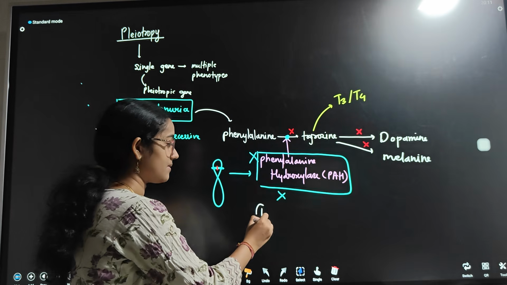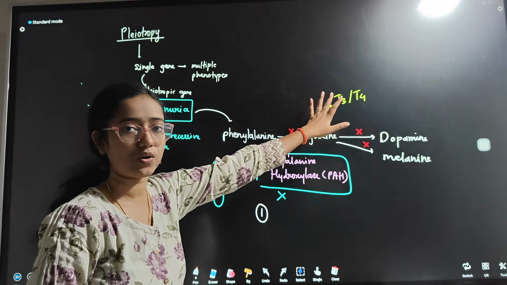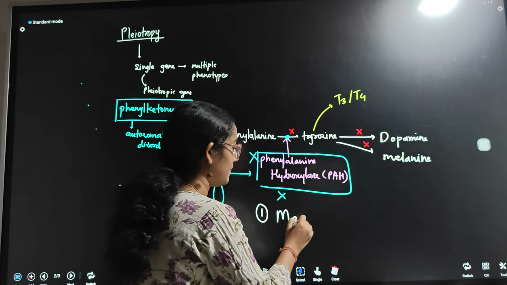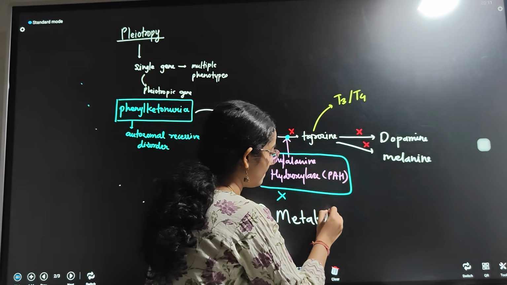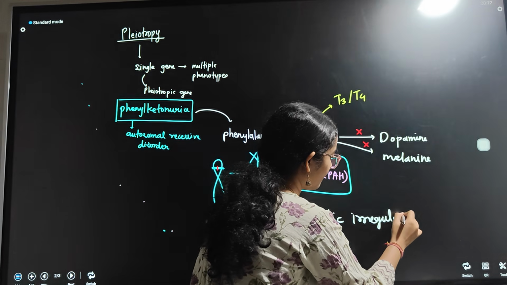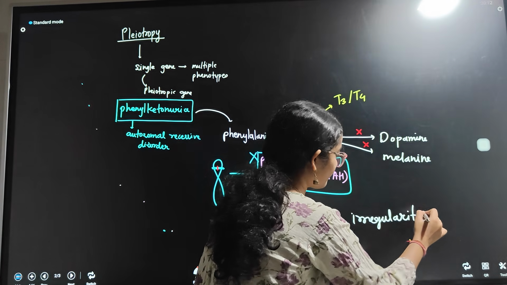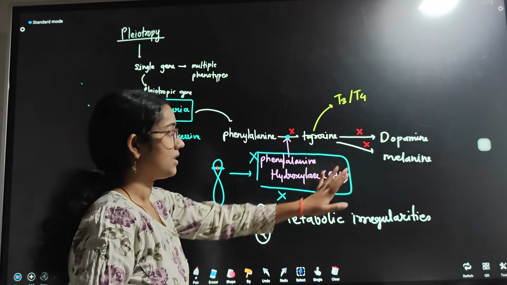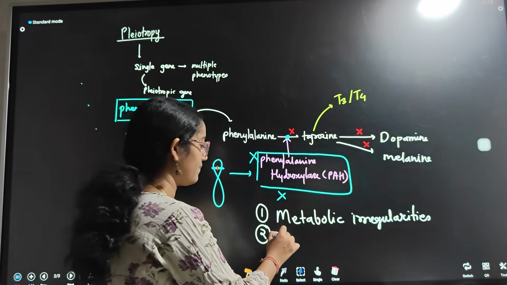What are these? First is thyroid malfunction. Yes, so many metabolic irregularities will be there, right? Second, dopamine is also not produced.